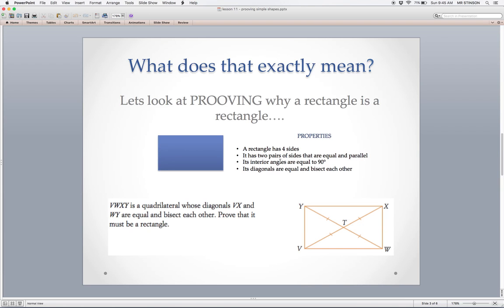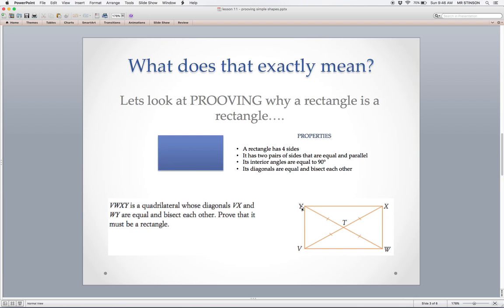So a question in an exam might ask you something like this one below. VWXY, so they're talking about this whole shape here, rectangle, is a quadrilateral whose diagonals VX, this diagonal here, and WY, this diagonal here, are equal and bisect each other.